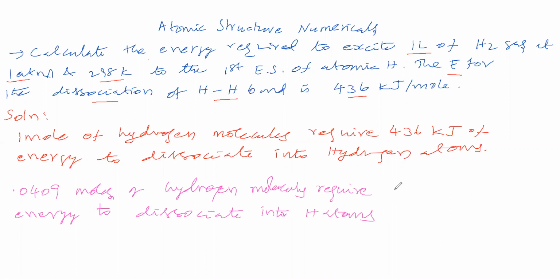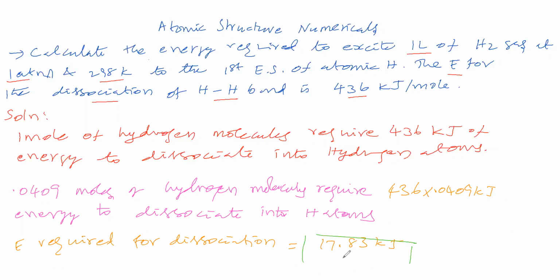Okay, in this dash what will come is 436 kilojoule into 0.0409. So the energy required for dissociation is 17.83 kilojoule. This much energy is required for the dissociation.